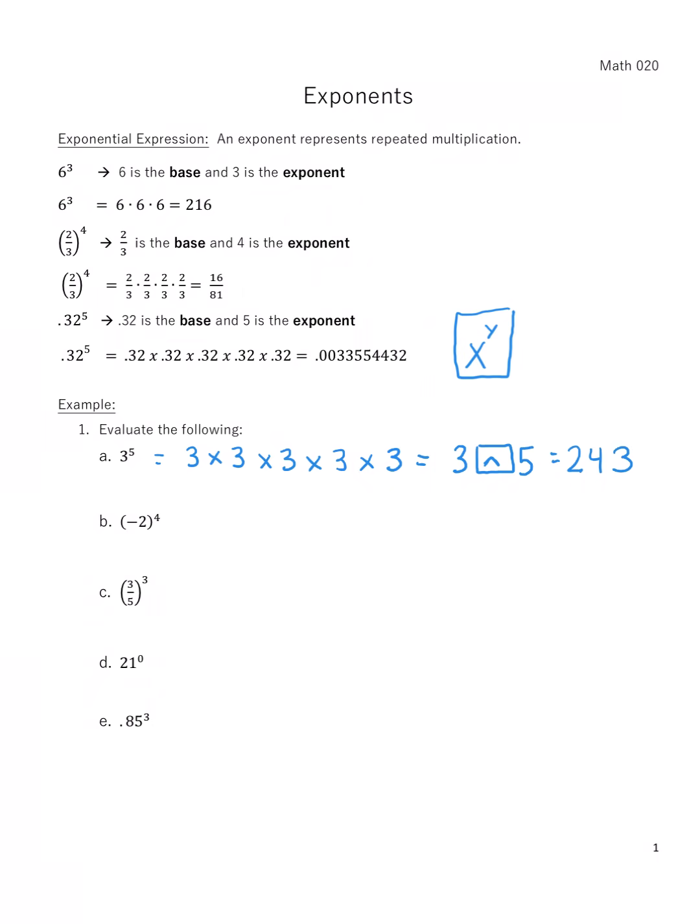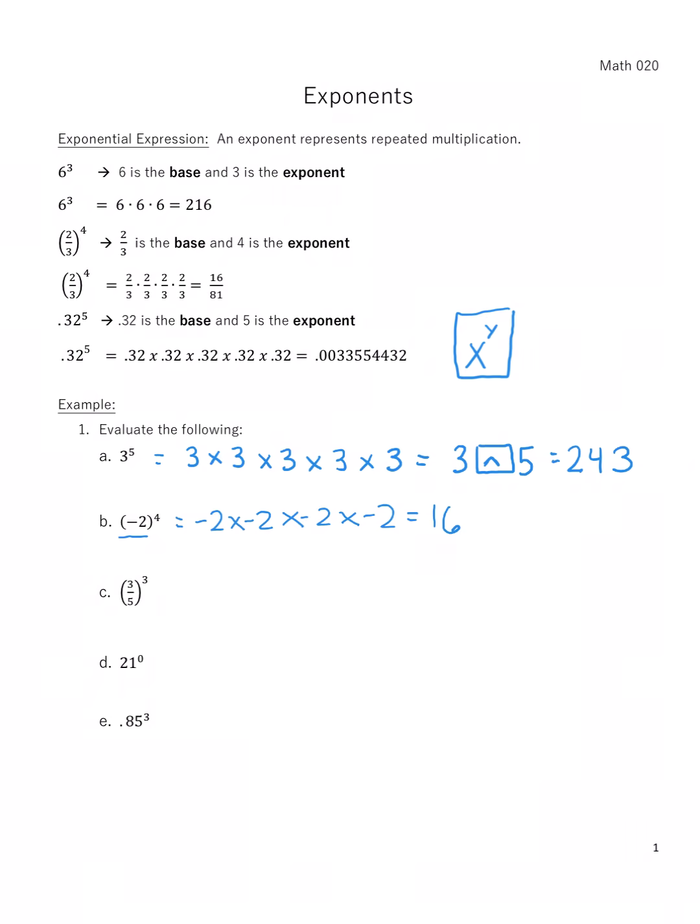Let's consider letter B. Now in this case, this is -2, which is our base, raised to the fourth power. So you can either expand this if you feel more comfortable. Now please remember we have 4 negatives here. An even number of negatives is going to give us a positive answer.